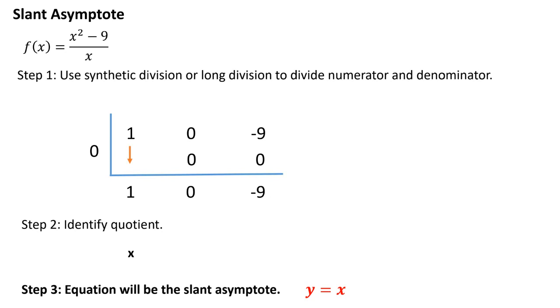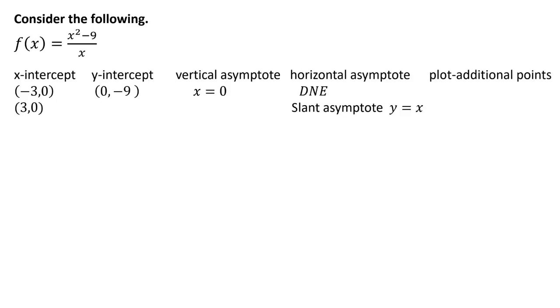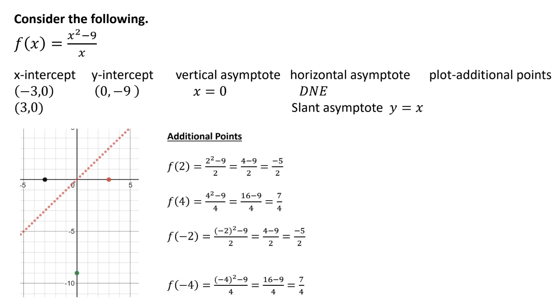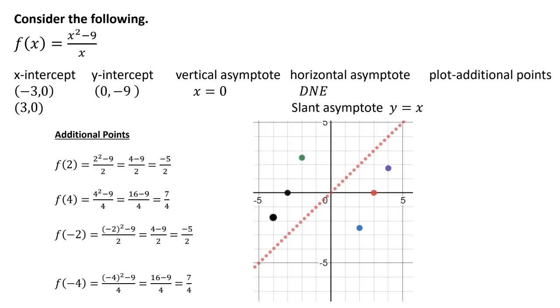Okay. So if I were to graph this, we have our x-intercepts, which we have 2. We have one y-intercept. We have a vertical asymptote. We do not have a horizontal asymptote, but we do have a slant asymptote at y equals x. Let's go ahead and plot some additional points, using the same points that I had done before, just to get a rough idea as far as where the graph is.